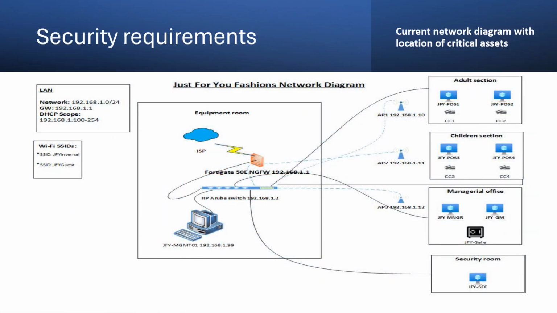Well, security requirements, overlap identification. This is a general overview of the current setup for the store. Sectionalized devices are located, giving some technical information on the devices as well.